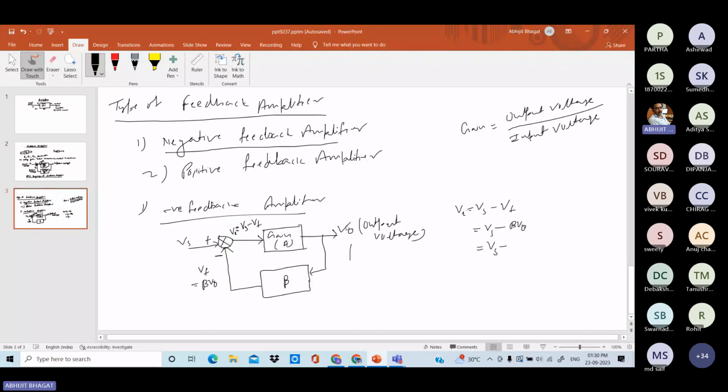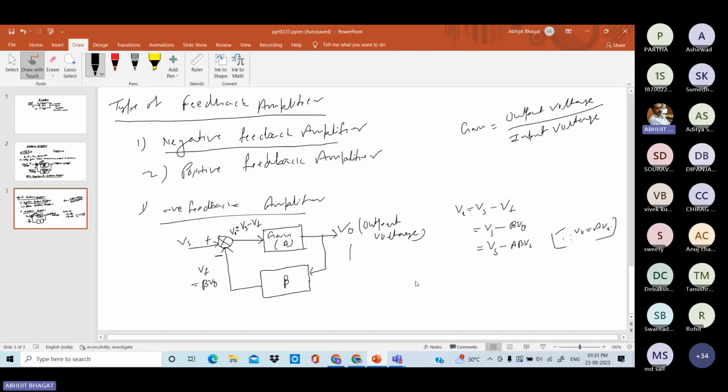Your V0 equals this input voltage into gain. Your input voltage is Vi, so V0 equals A Vi. Put V0 equals A Vi, you will get A beta Vi, since V0 equals A into Vi.